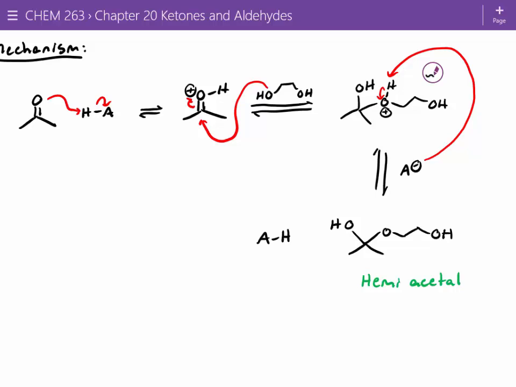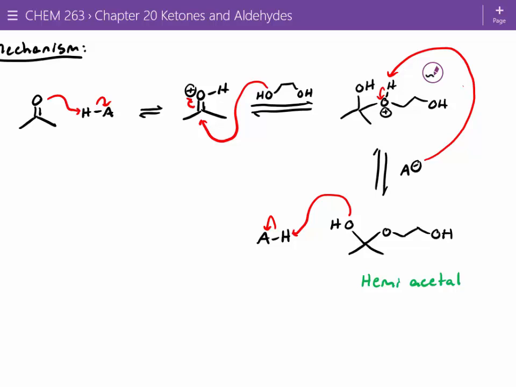So what do you think the next step will be? We can protonate our alcohol, right? In reality, the equilibrium would potentially favor both alcohols, but what might be a driving force for this alcohol getting protonated?